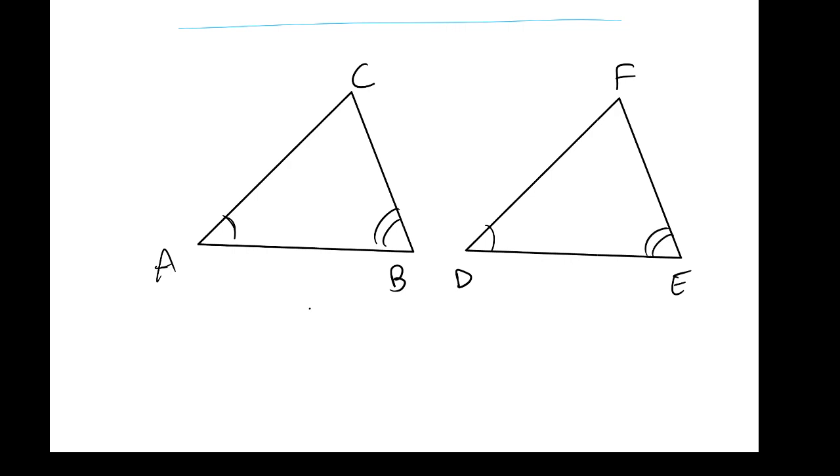Well, we have AB congruent to DE. Now, I want you to consider this. Think about how the third angle is automatically congruent.